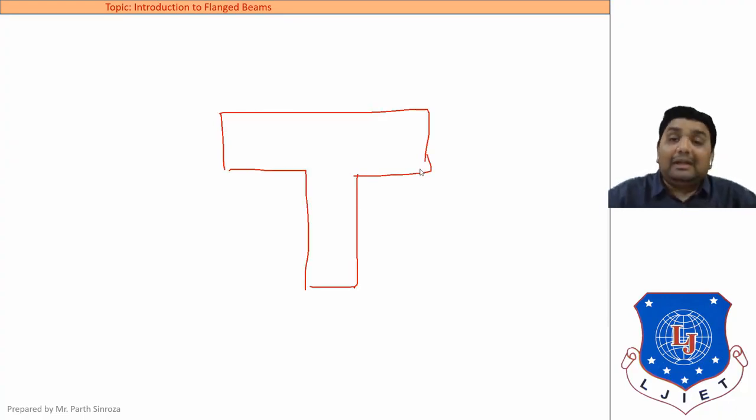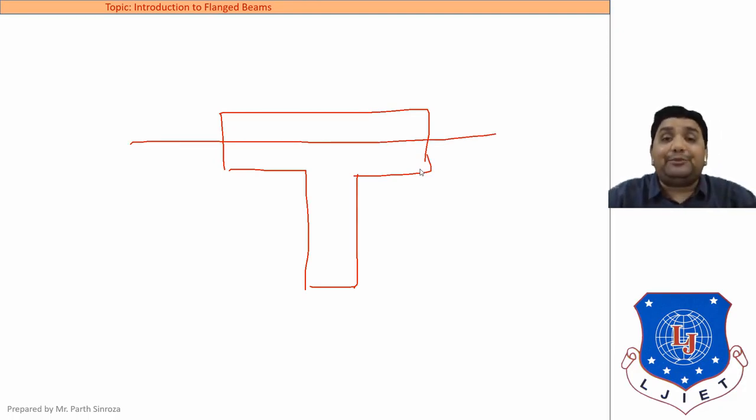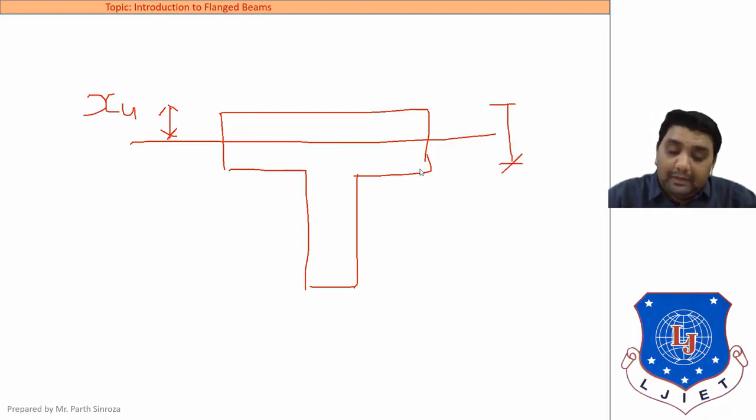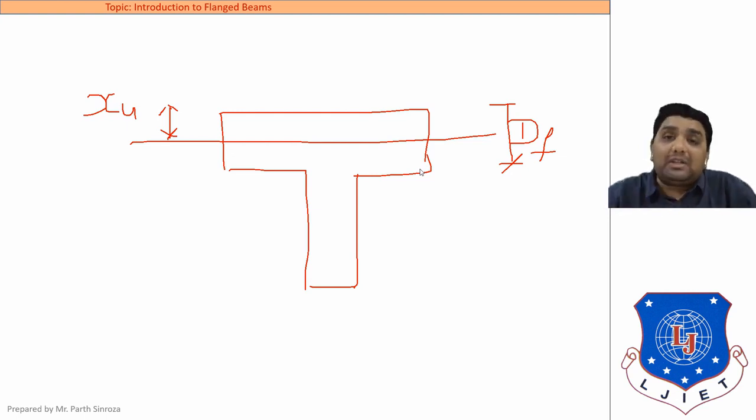First, let us assume that the neutral axis is in this zone, that is, the neutral axis is in the flange. So if the neutral axis is in the flange, this distance will be xu, but as we all know, this distance will be Df, that is the depth of flange or thickness of slab. So in this case we can compare these two terms, xu and Df.